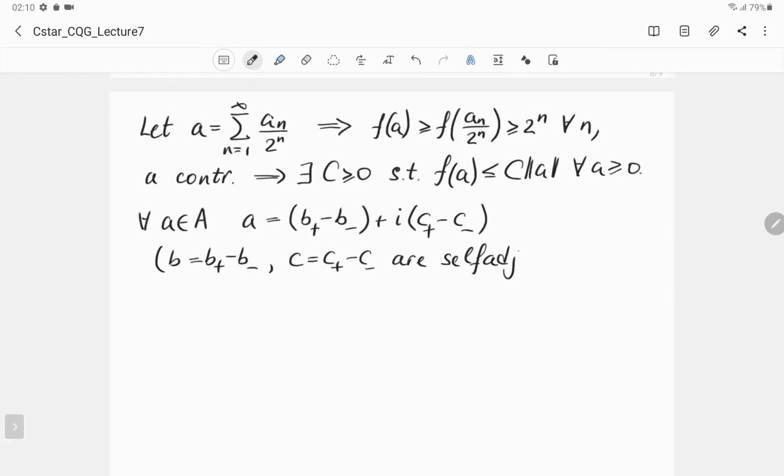And b plus, b minus, c plus and c minus are the same elements which were discussed at the previous lecture. So their difference is b and their product is 0.